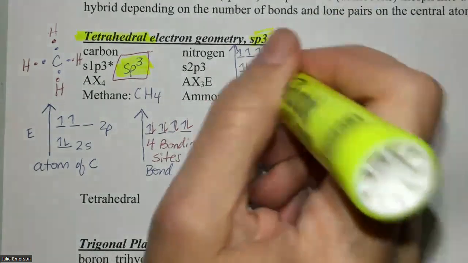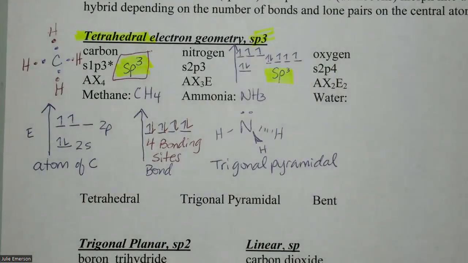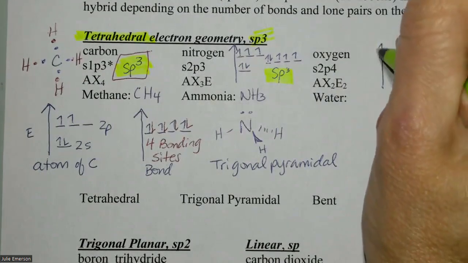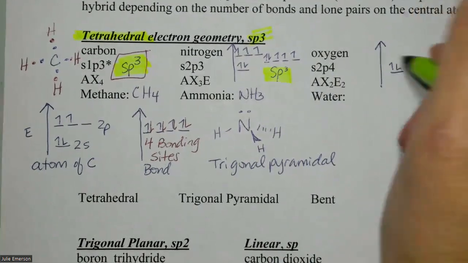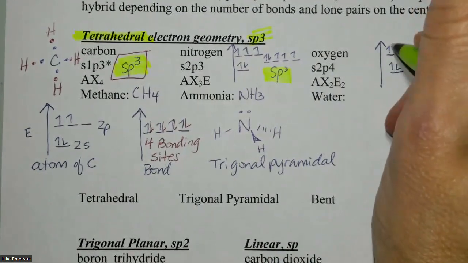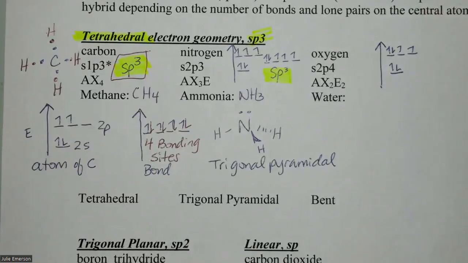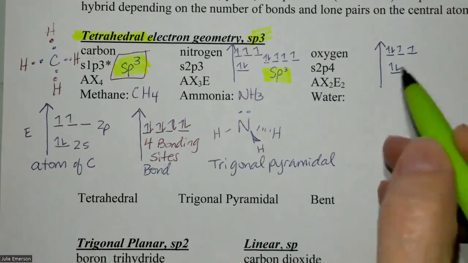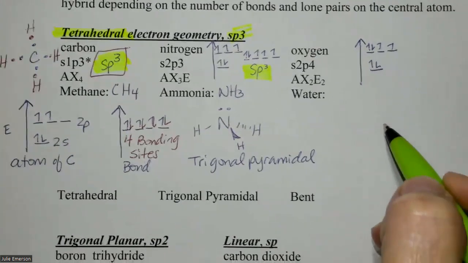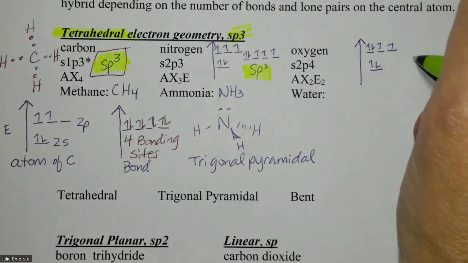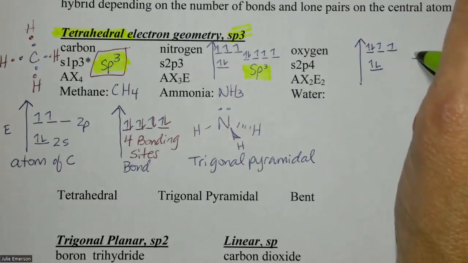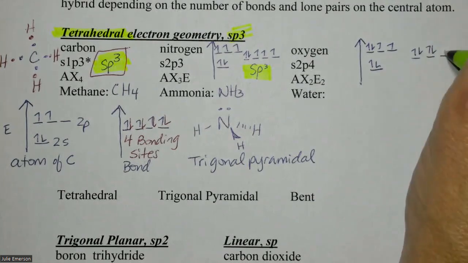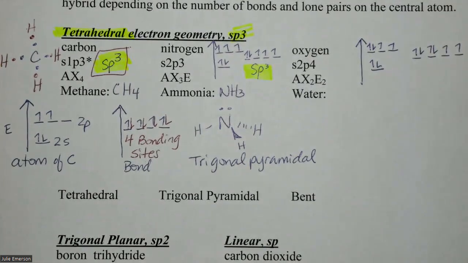So oxygen, what happens is when I look at its orbitals, it's an S2P4. So you have 2 pairs and 2 singles for the valence, those 6 valence electrons. When it goes to hybridize, again, we need all 4 of those. It's just 2 of them are going to have lone pairs, and then 2 of them are going to be bonding sites.